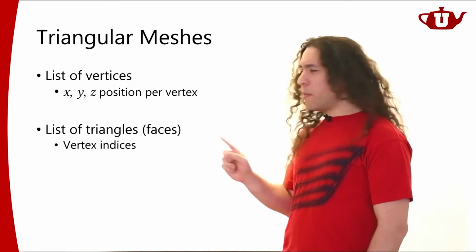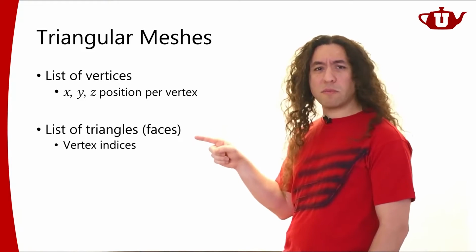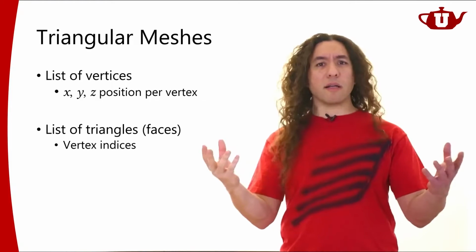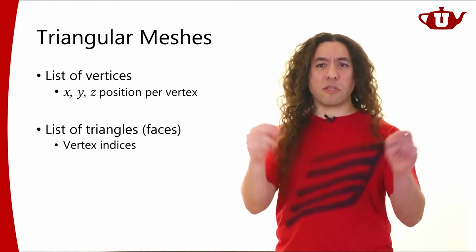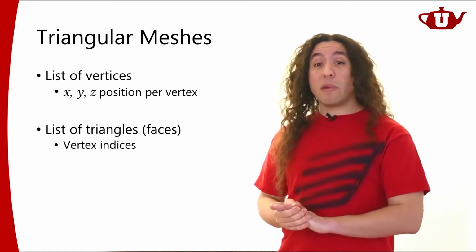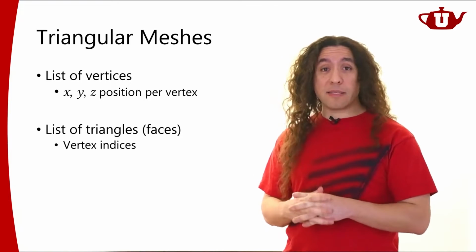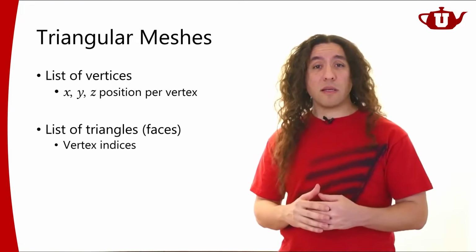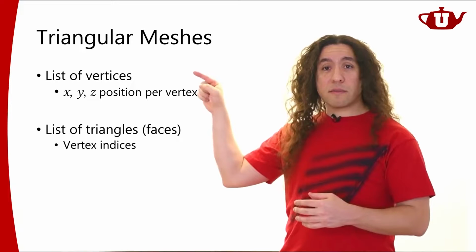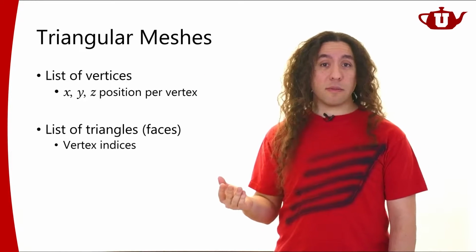So if I'm having a list of triangles, why am I having a list of vertices? I could just be representing a list of triangles, right? For a triangle with 3 positions, I just place those 3 positions, then I move to the next triangle. I can do that, but that would be a little bit too expensive. The reason is that on a triangular mesh surface, vertices are shared by neighboring triangles.